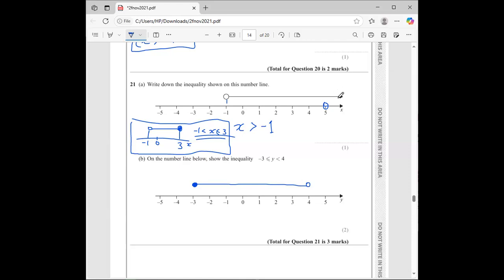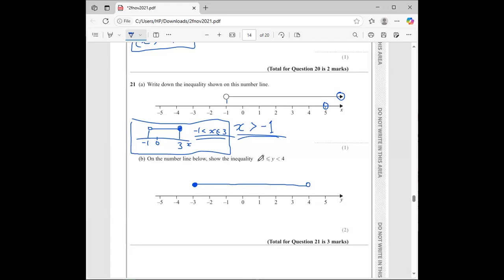Did you notice, when the line on the number line has an arrow pointing continuously, it means there's no end. That's the reason why the answer for this one was like this.